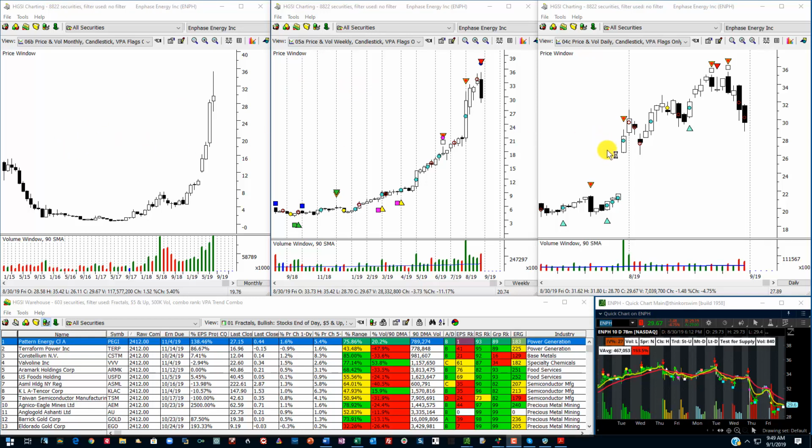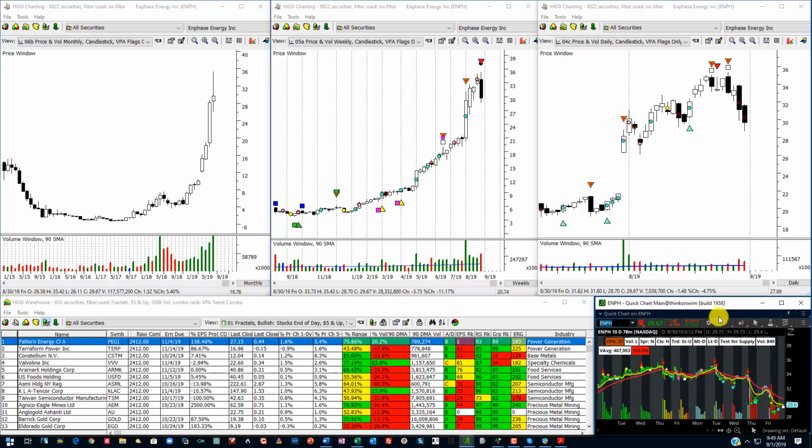The three white charts are HGSI and the warehouse, which also contains the filter, and what we call the combo ranking is HGSI Investor, and this chart down here in the corner is Thinkorswim.